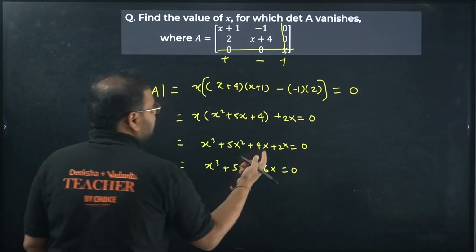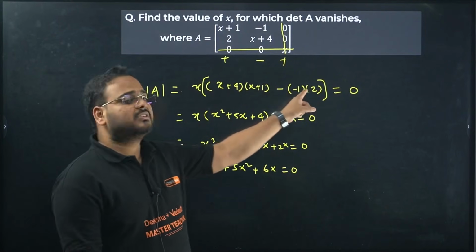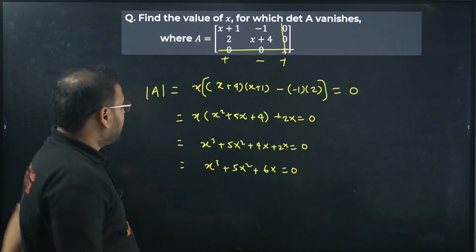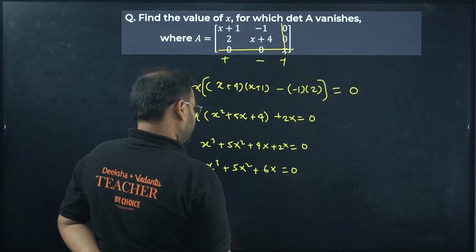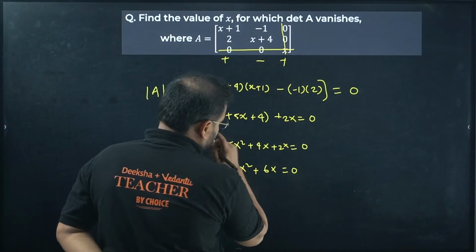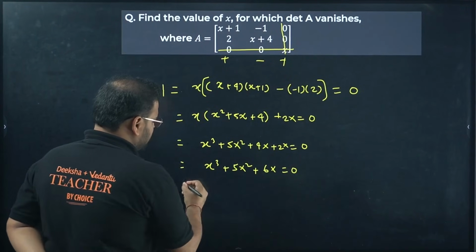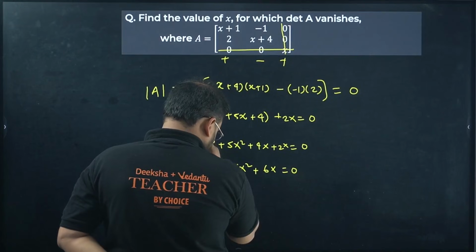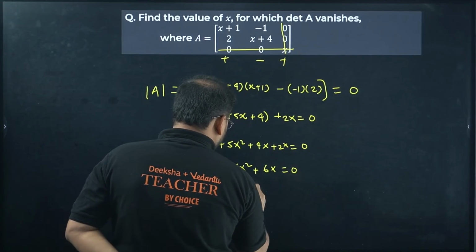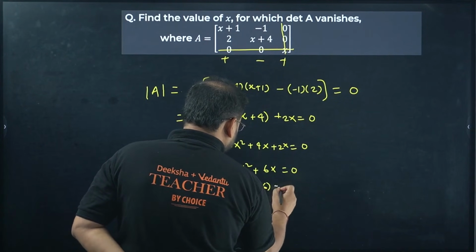I forgot to write the x product of this also, but it'll be like that. x cube, 5x square plus 4x plus 2x becomes 6x. Take x common again. You get x square plus 5x plus 6.